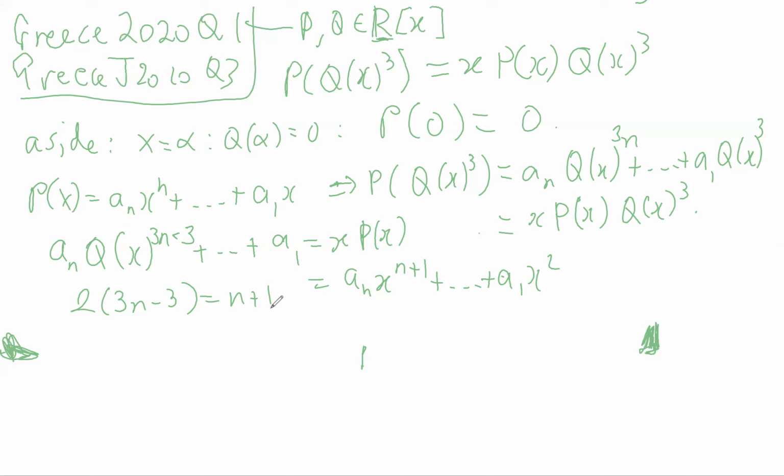n minus 1 equals 3 plus 1. Yeah, I guess that's the problem. If you put the m here, you get 3m minus 1 n equals 3m plus 1.